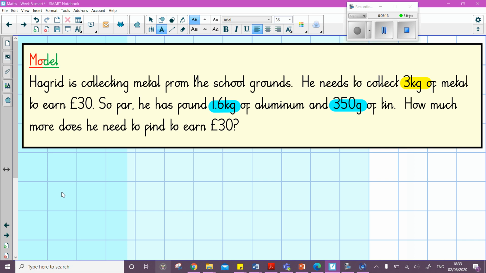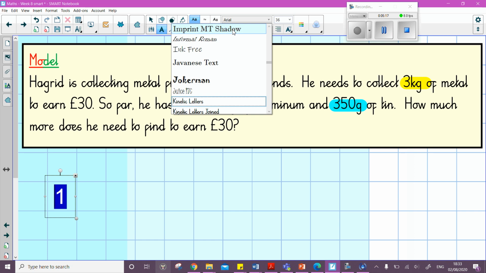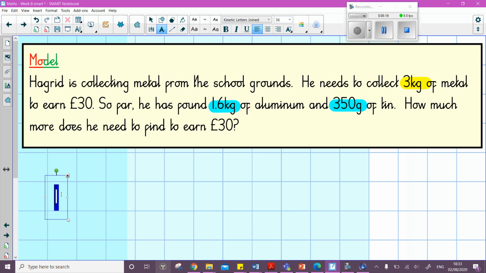So I've got 1,000, and this 6 tells us that that is 600 grams. So he has found 1,600 grams, and I can add my unit of measure to make it really clear.